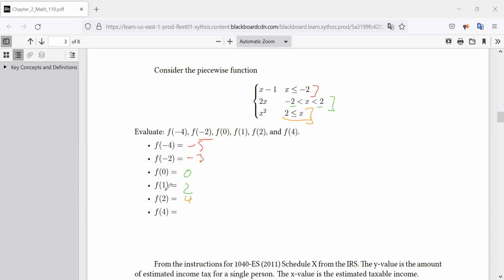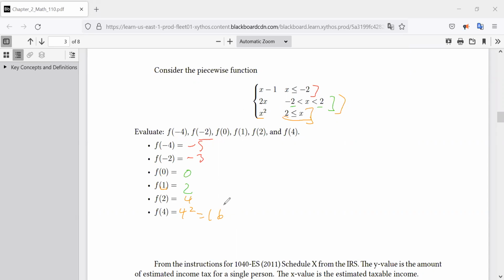So x is, but f of x doesn't have to be. Our x value is the 1, and that tells me which bound I'm using, and I plug it in, and that gives me my f of x value. All right, thank you. No problem. So then this guy, 4 is greater than or equal to 2. Therefore, I plug into x squared, and that gives me 4 squared, which is equal to 16.